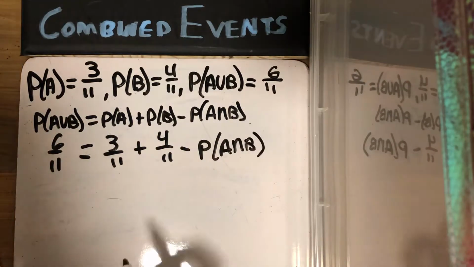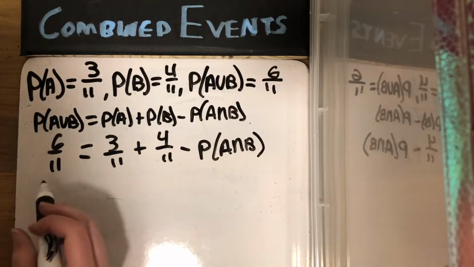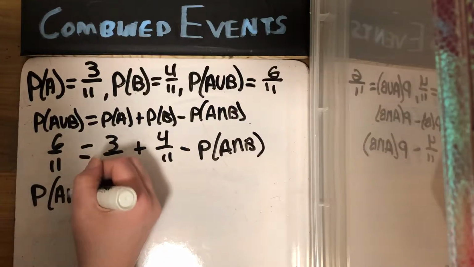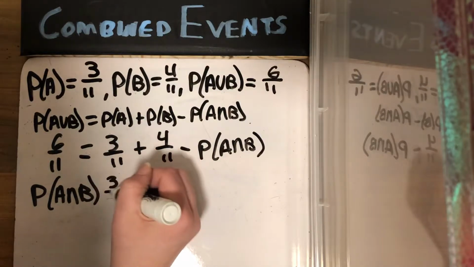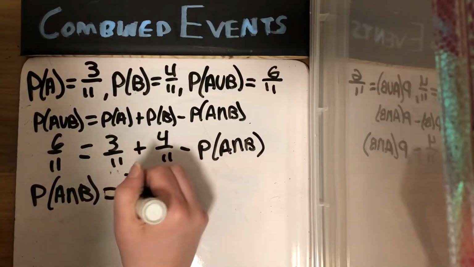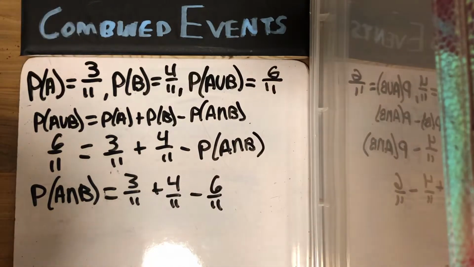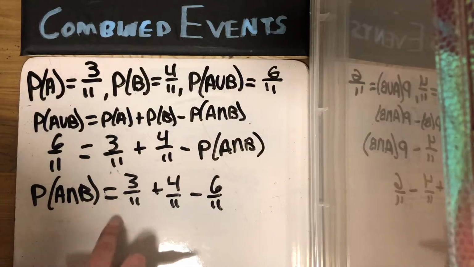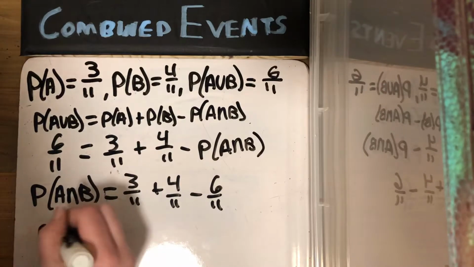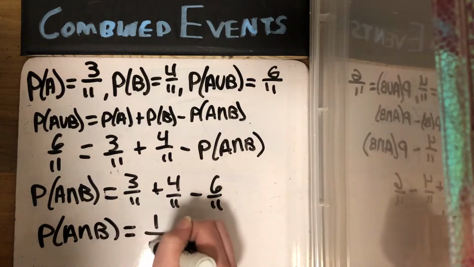Just like we did before, we can switch this equation around to solve for the intersection. So we can add this over here on the left side, and we can subtract 6/11, which will leave us with the probability of the intersection of A and B equals 3/11 plus 4/11 minus 6/11, and that gives us 1/11.